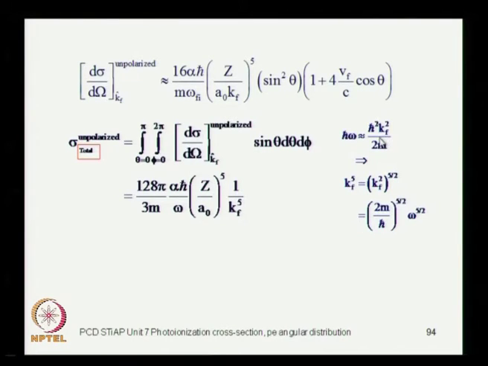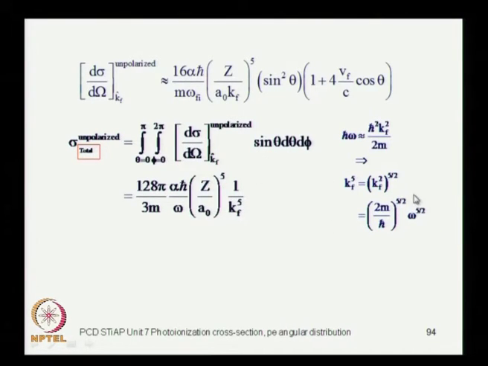So, the 5th power of k will go as the 5/2 power of frequency, because the second power of k goes as energy. So, the 5th power of k goes as the 5/2 power of frequency or energy.